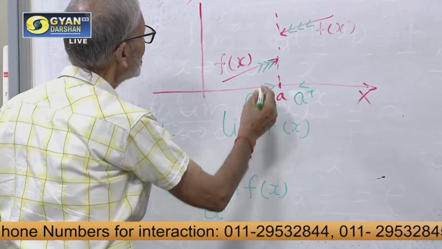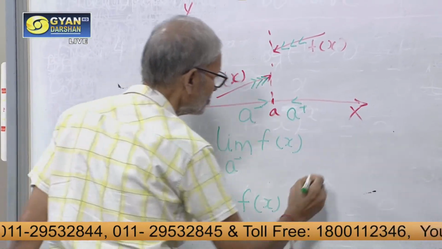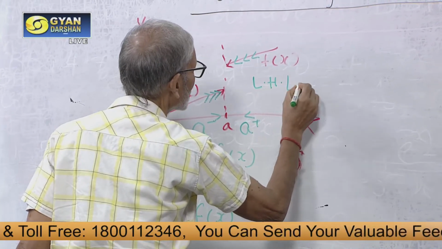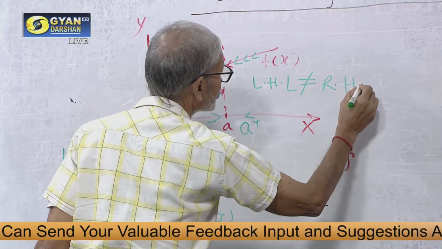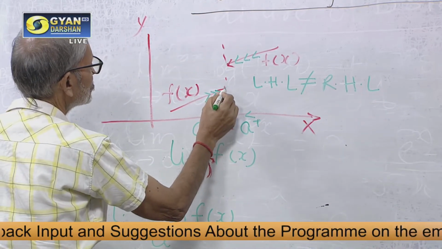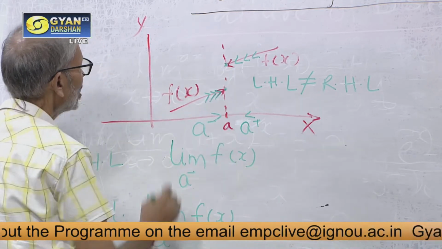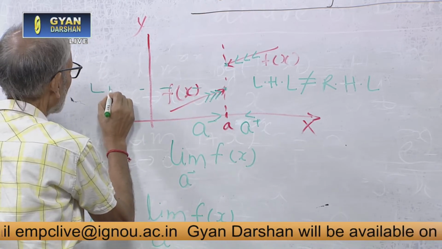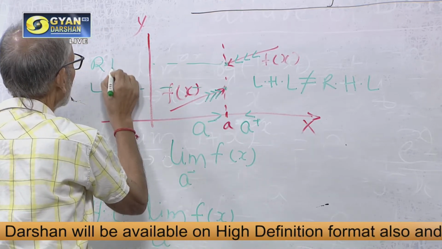Here you can see that the value of LHL is not equal to RHL, because this point and this point are different values. This is LHL and this is RHL.